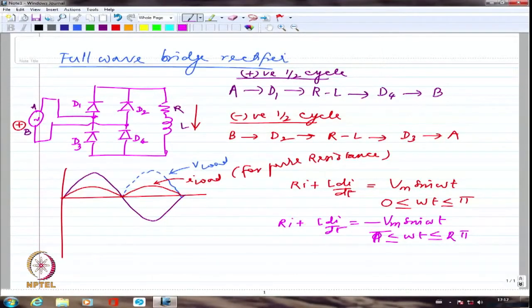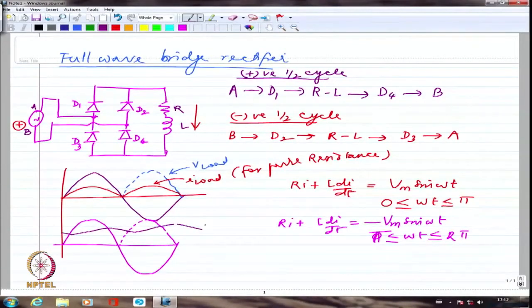If higher and higher inductance values are seen, you would see that if this is the supply voltage, the rectified voltage is somewhat like this. The oscillation in the current is really minimized. So I may have something like this, then it may increase, again decrease, again increase, decrease, and so on. You can see that the current will see very minimal oscillations if I have a larger and larger value of inductance.